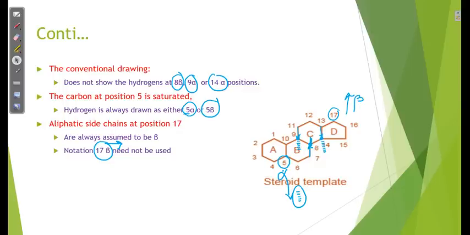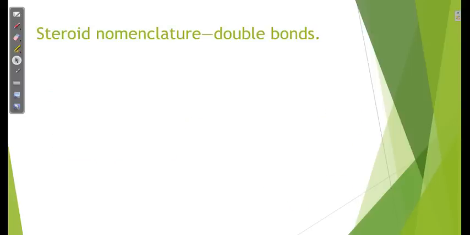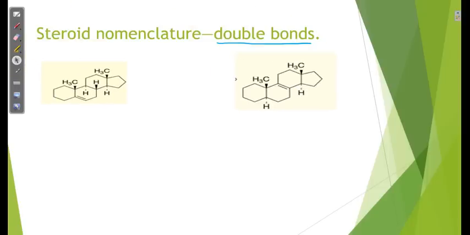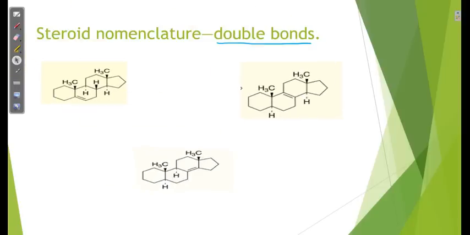Let us go to steroidal nomenclature of the double bond. So there are possibilities where a double bond could come, and what interesting scenario we get in the double bond. Suppose this is one of the structures, this is another structure, and this is one more structure.